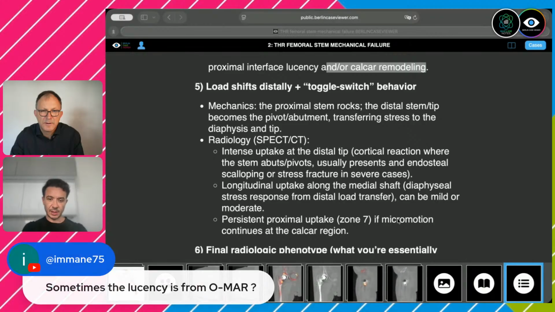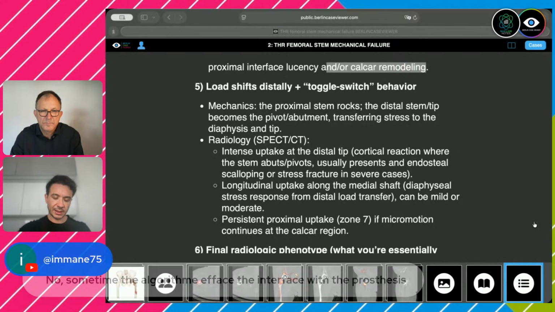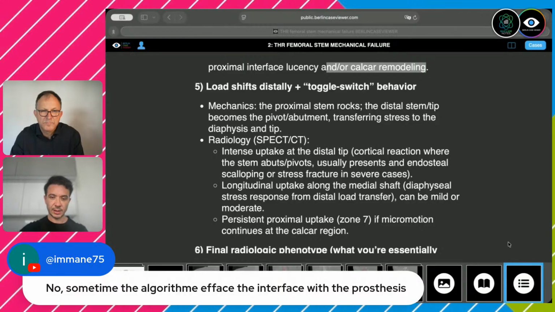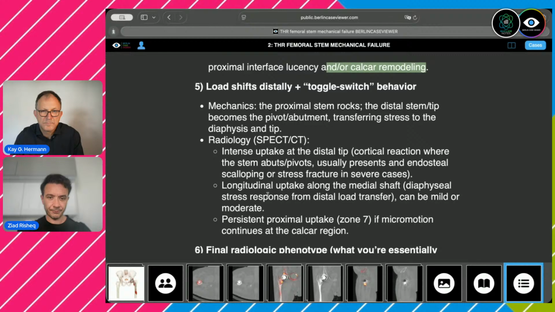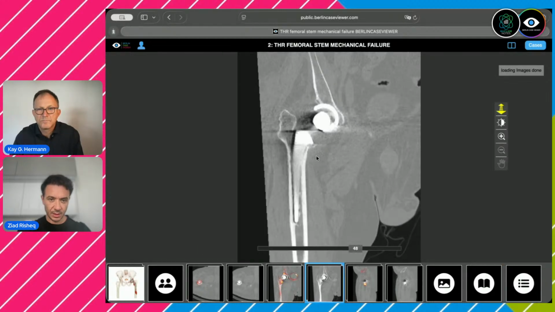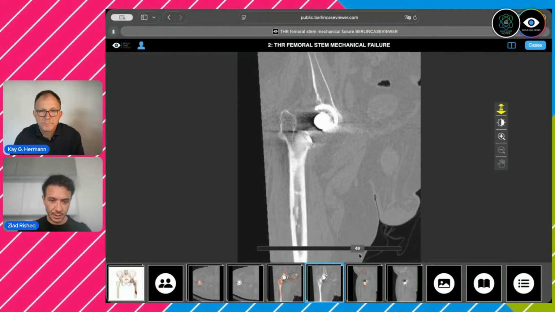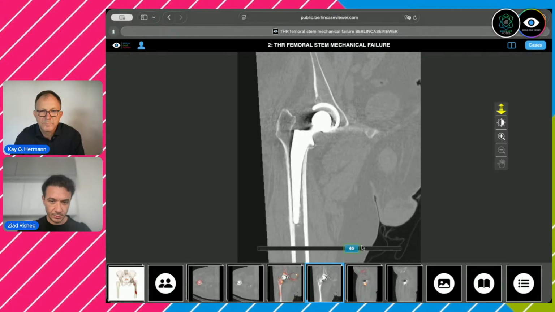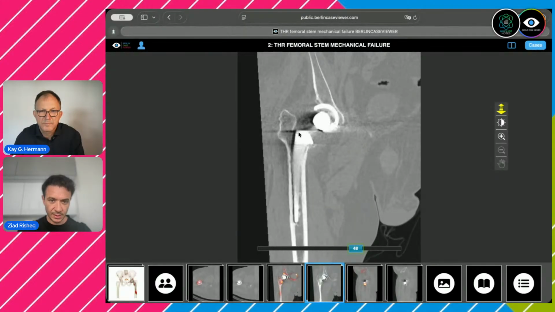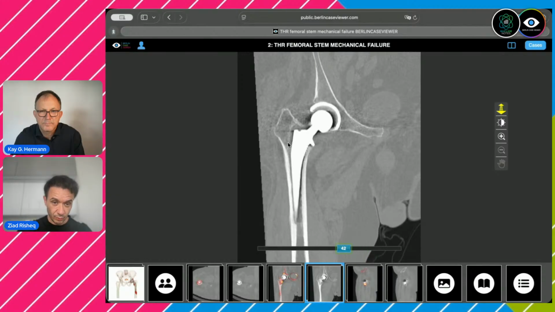Yes, they can simulate lucencies, but when you have metal artifacts, let me show you the image. So here we have, this is definitely a metal artifact, and here in the proximal region, this is definitely a metal artifact. But here, we don't see the metal artifact.